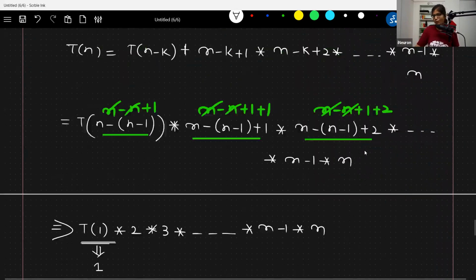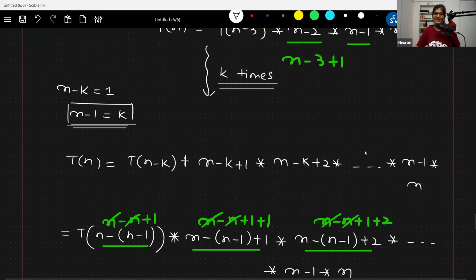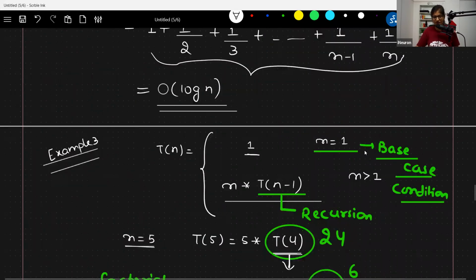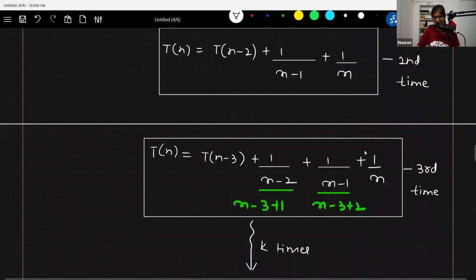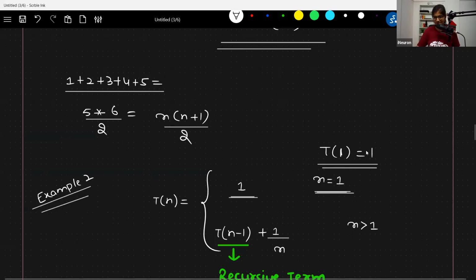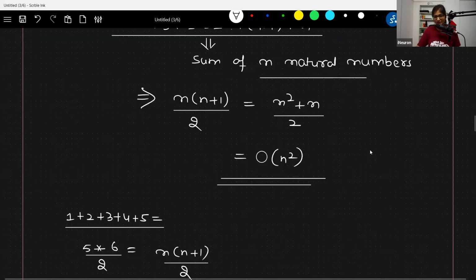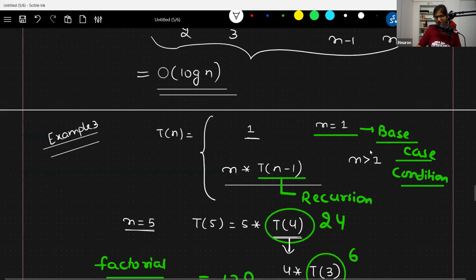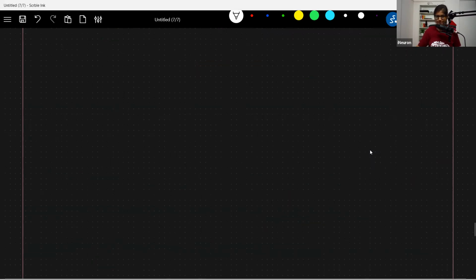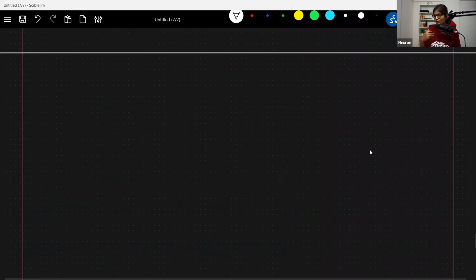Perfect. So now everyone, I think, will get an idea of how we can solve using the substitution method. Now, the next method which I want to discuss in today's class for solving a recurrence relation, and at the last I will give you the assignment problems, is what we call the recursive tree approach.